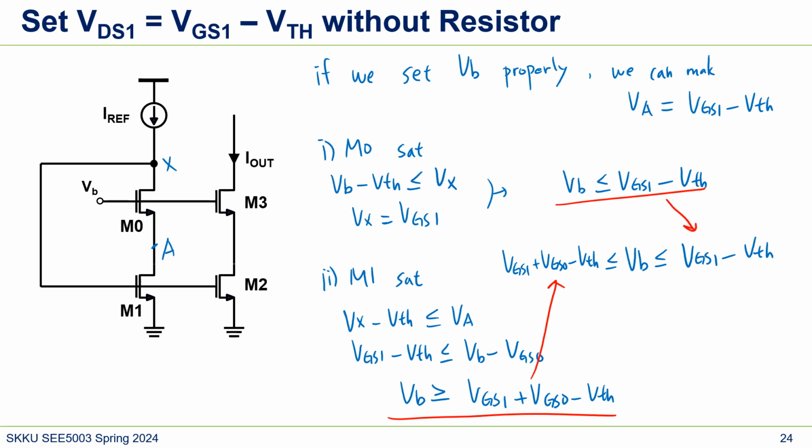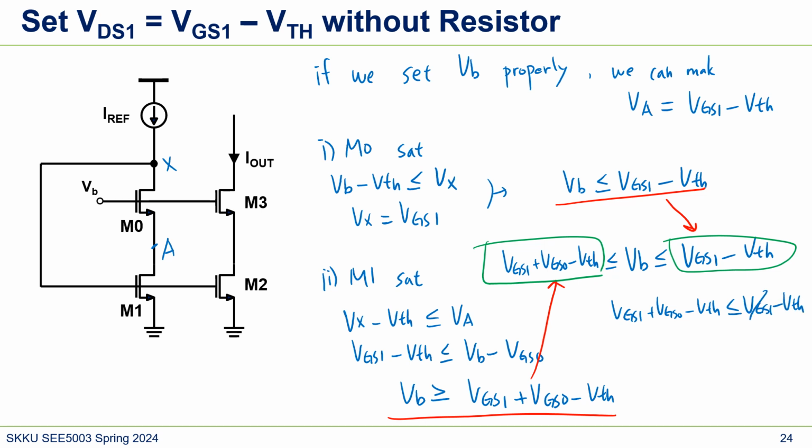If we focus on these two, it gives that VGS1 plus VGS0 minus VTH should be smaller than VGS1 plus VTH. So if we remove VGS1, VGS0 should be smaller than 2 VTH. So this is our condition. We need to properly set the transistor size so that VGS0 can be smaller than 2 VTH.